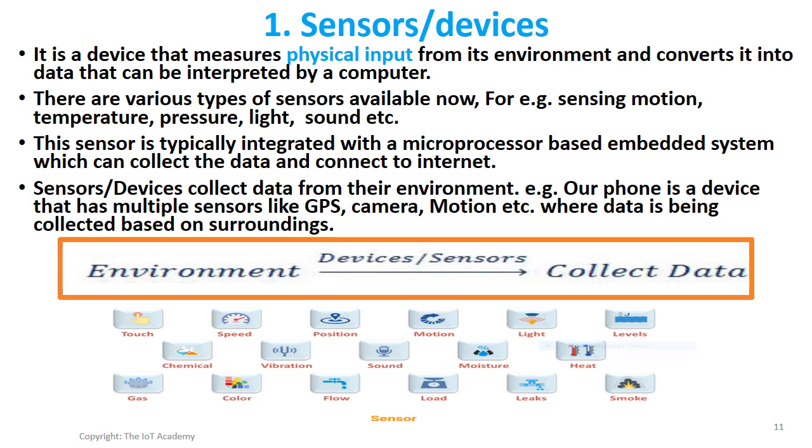Our phone also has multiple sensors, like GPS, camera, and motion, where data is collected based on surroundings. So we are collecting data from the environment with the help of sensors and devices.